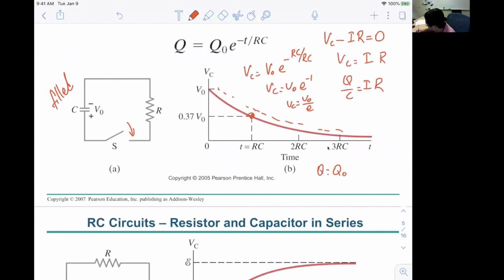At time 0, you don't have any current, so the capacitance is filled. The charge is Q naught and the potential is V naught. At infinite time, you will have 1 over e to the infinity, which is infinite, so you divide Q naught by an infinite number and you get 0. So at a very long time, the Q is going to be 0 and the potential is going to be 0 as well on the capacitor.